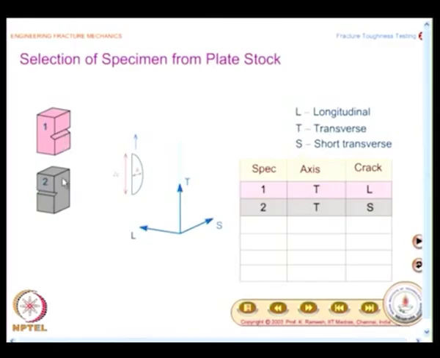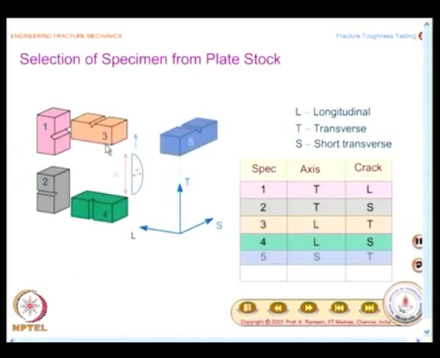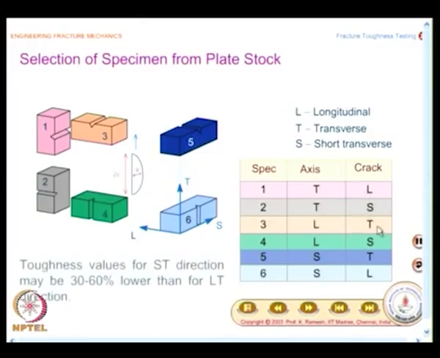So, you take specimens of different orientation with cracks and find out the fracture toughness appropriately. So, you will have to know whether it is a TL, TS, LT, LS, ST or SL. In fact, I had asked you to draw only the first two, fill up the rest from the table. I hope you have done that.